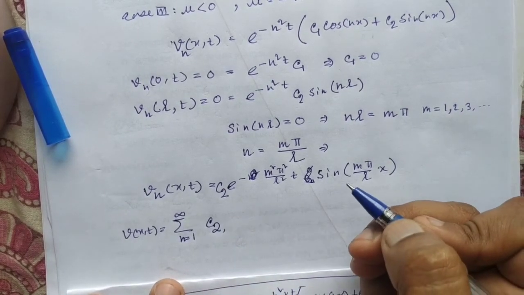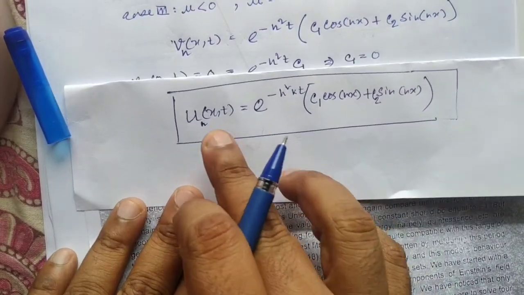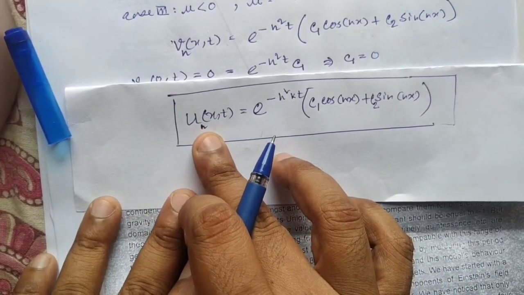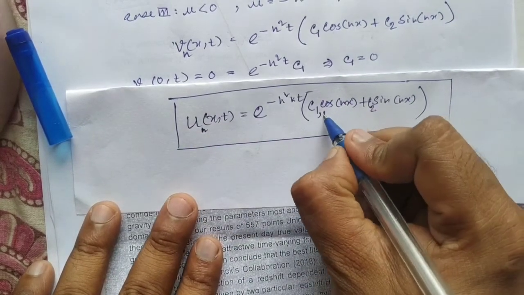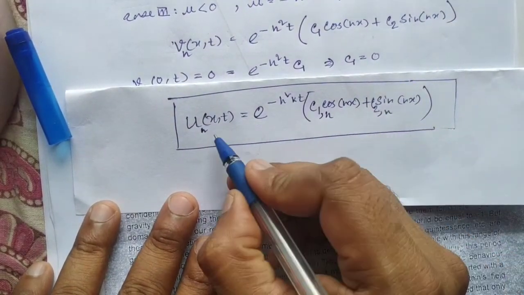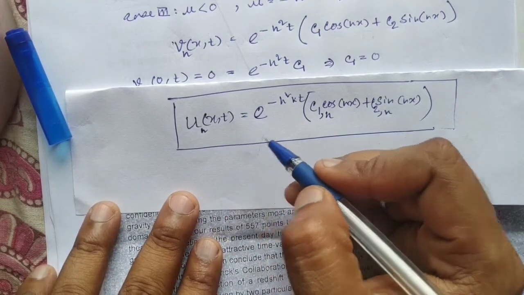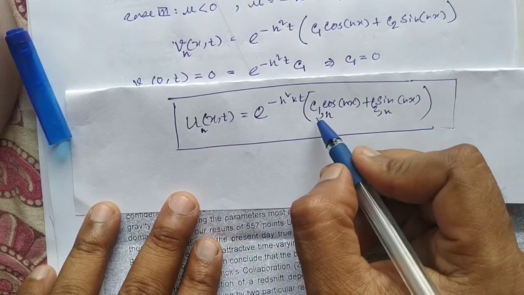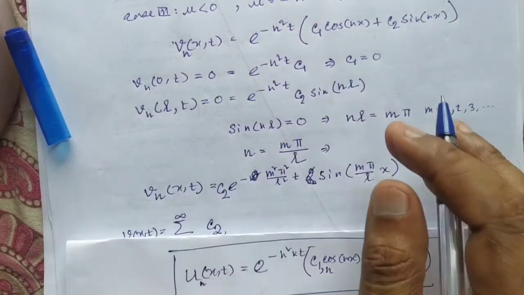Actually, I made a mistake. How? Let me show that. See, this is n. Whenever I write a suffix n on u, there should be an n here too, because there will be many solutions, for n equal to 1, equal to 2, or other values. So for every n, c1 and c2 are different, so we should write a suffix there as well.